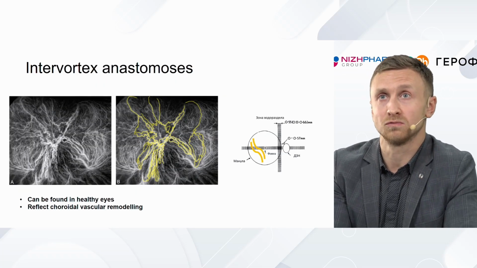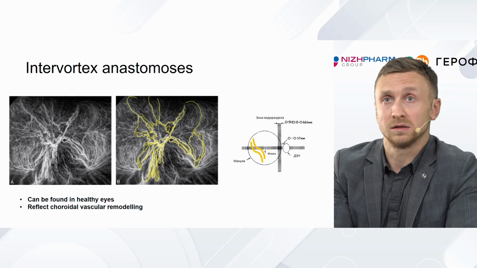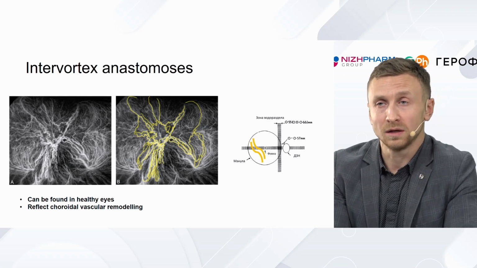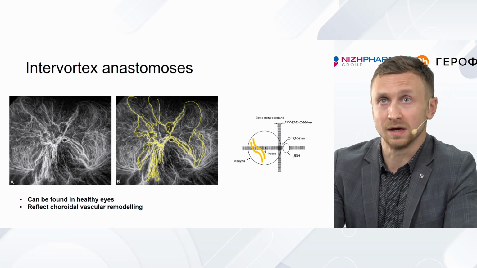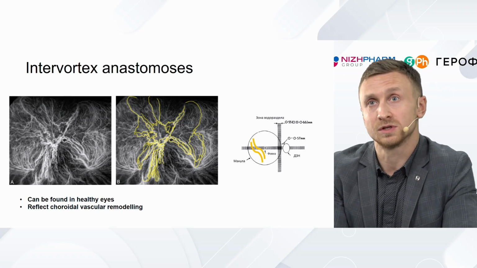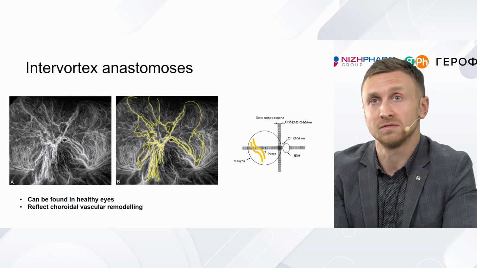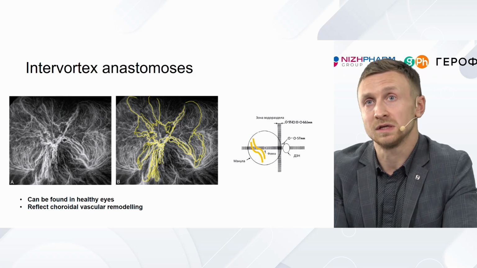And another recent biomarker, so-called intervortex anastomosis, very interesting. So these are exactly the pachy vessels that we can appreciate in the vascular wall. And these are intervortex anastomosis, which is combining varicose veins and appearance of this anastomosis.